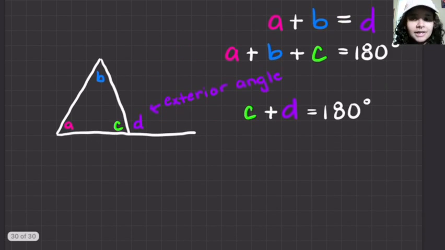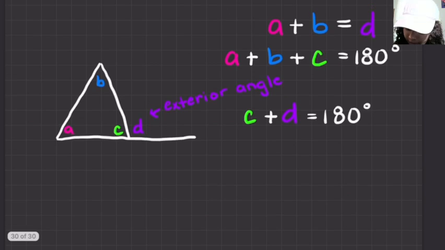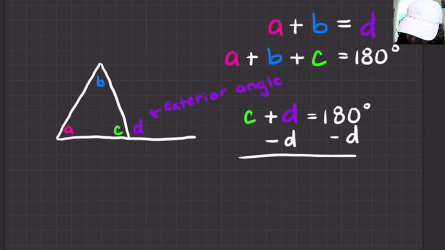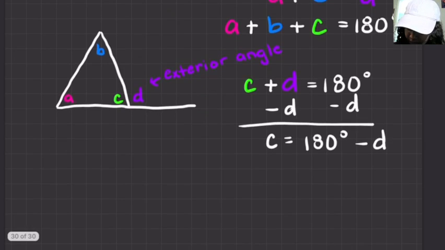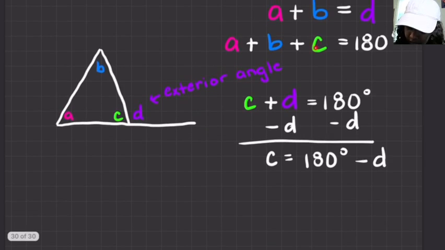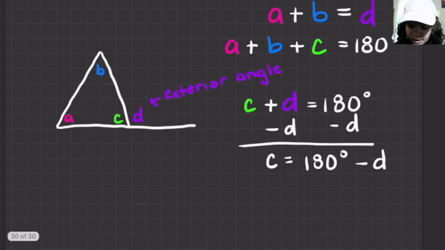So if I want to solve for C, I can subtract D on both sides. So I can rewrite C as 180 minus D. And now I can plug in C in that original equation there, okay? So that's one way to prove that it's true.